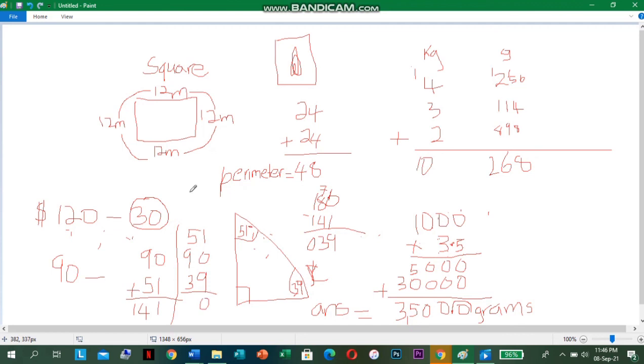So we put down 0, carry the 1. 9 plus 3 is 12. 12 plus 5 is 17. 17 plus 1 is 18. So you see, we get back our 180.